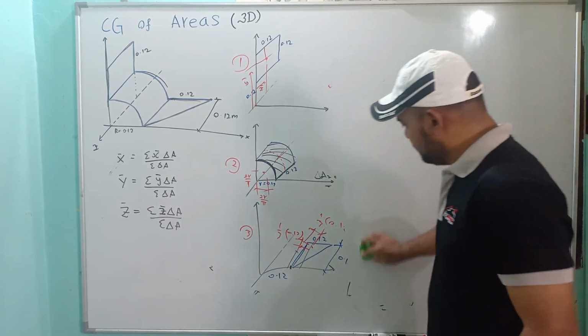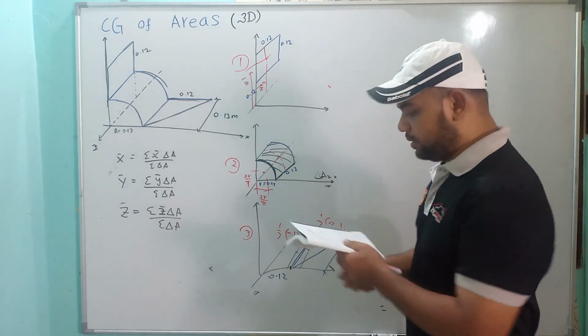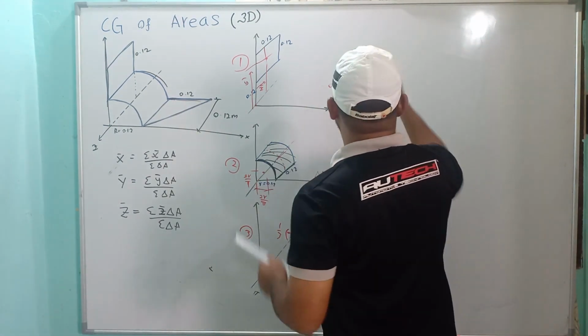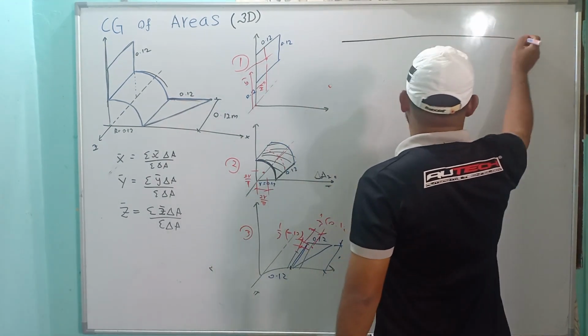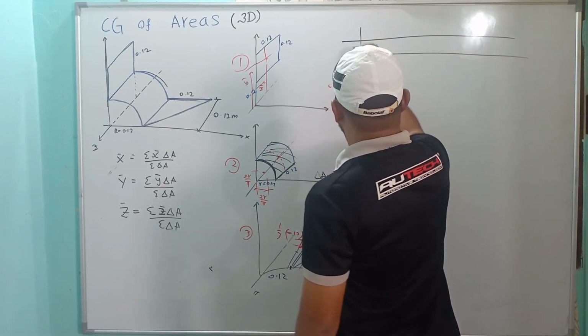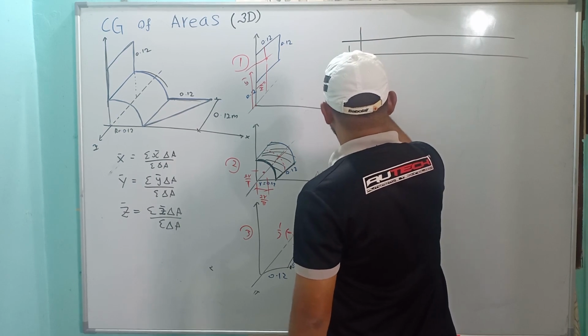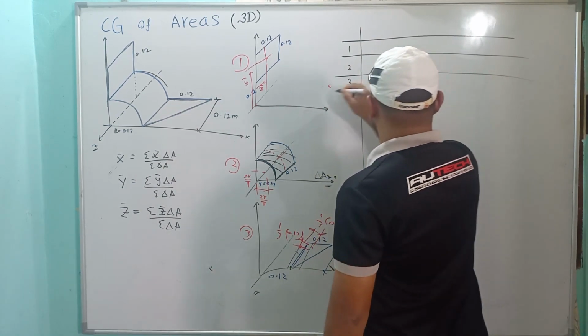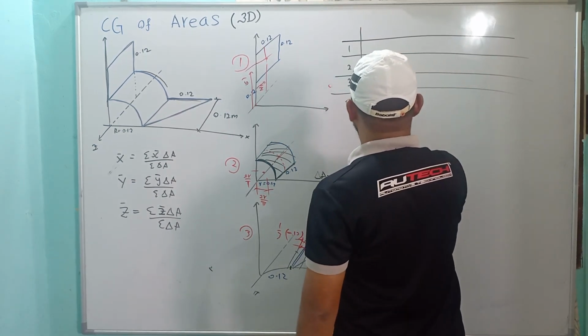So I want to have this table. Component 1, component 2, and component 3, and this is sigma.